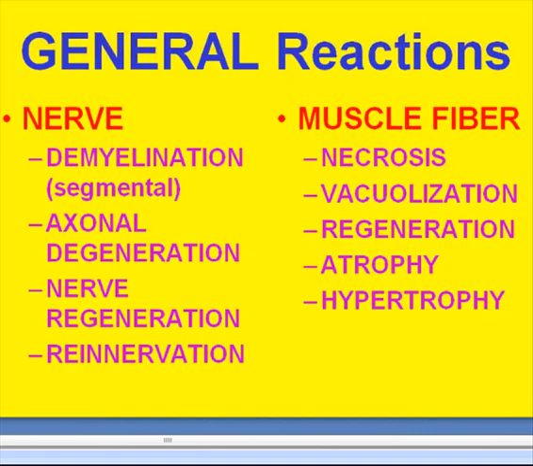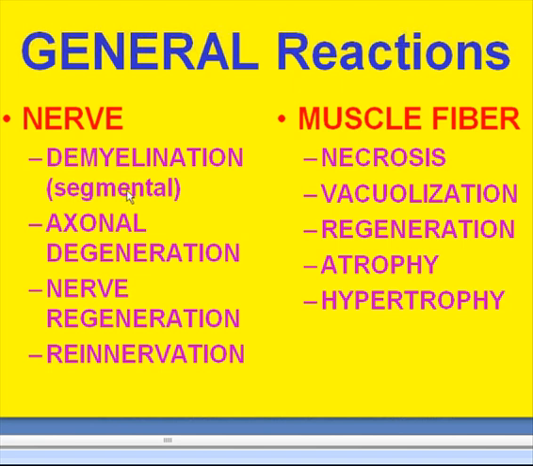But before we do them individually, I want to go all the way back to chapter 1. Do you remember in chapter 1, we talked about things that cells do when they're injured, when they're dead, when they're dying, when they're reversibly injured, when they're irreversibly injured? Well, there's no exception with nerve and muscle cells.